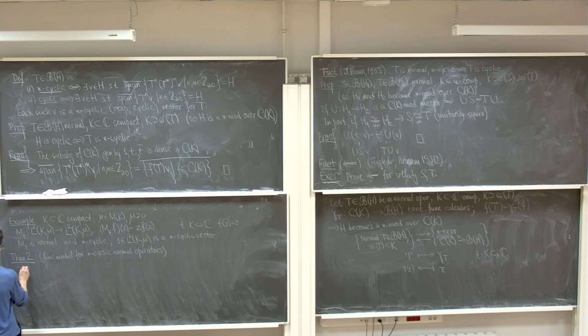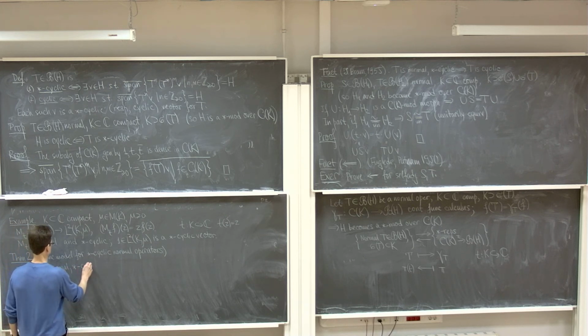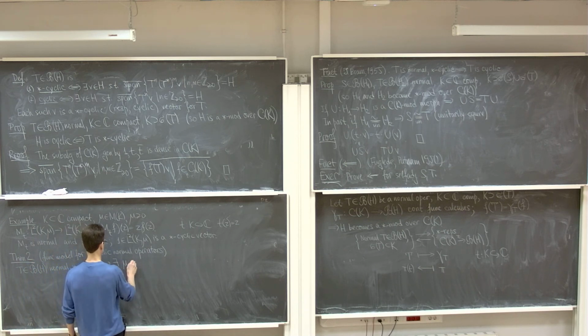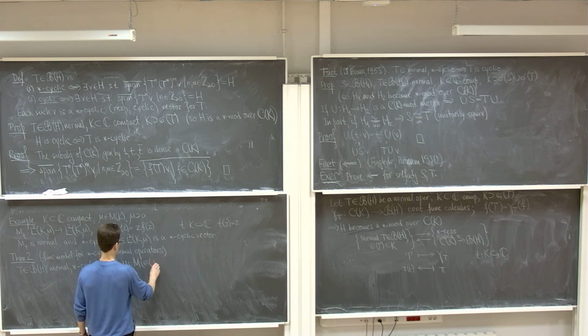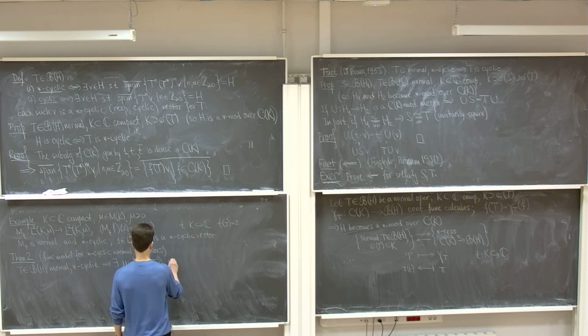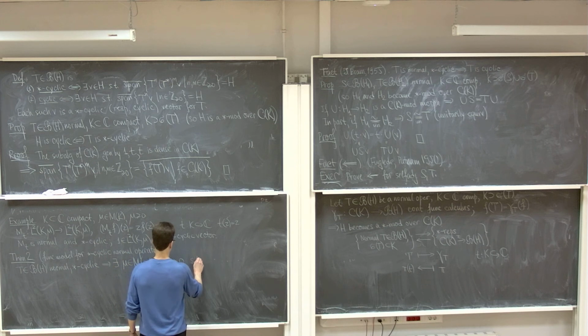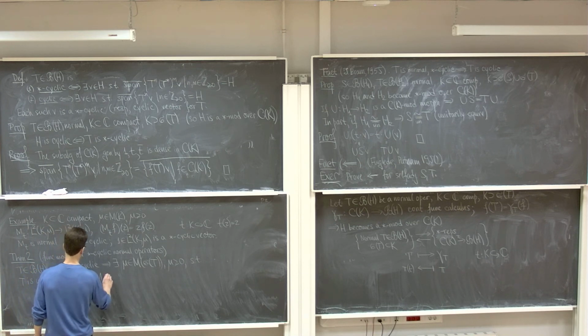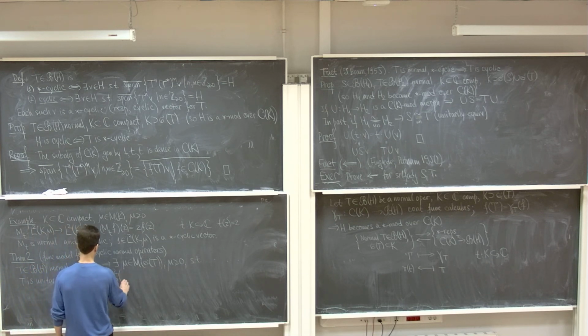Suppose that T is a normal star cyclic operator on the Hilbert space H. Then there exists a positive Radon measure mu on the spectrum of T such that T is unitarily equivalent to the multiplication operator, MT, acting on the respective L2 space.